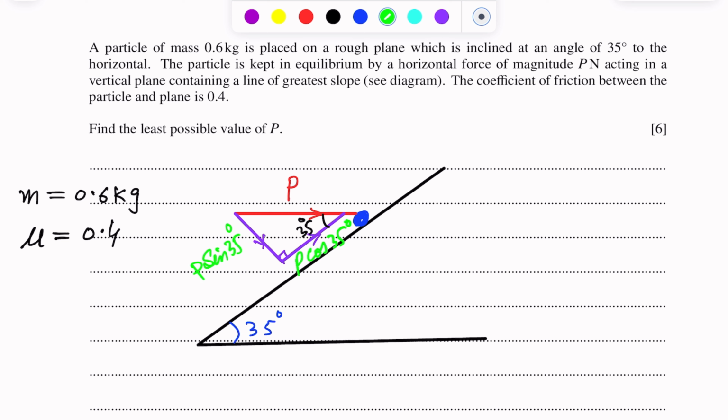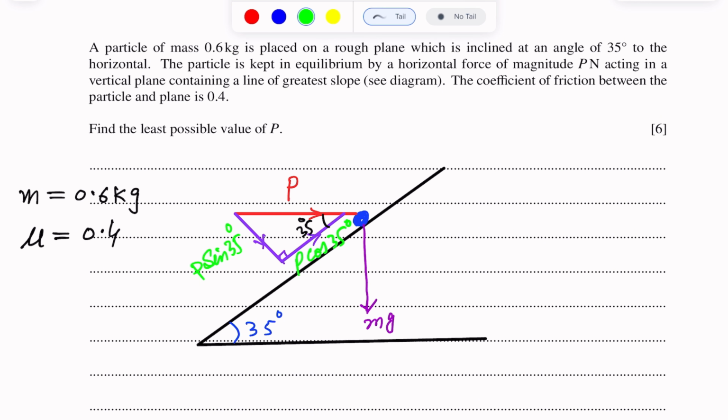Now the other force acting on this particle is the weight, which acts vertically downward. This is mg, m is given.